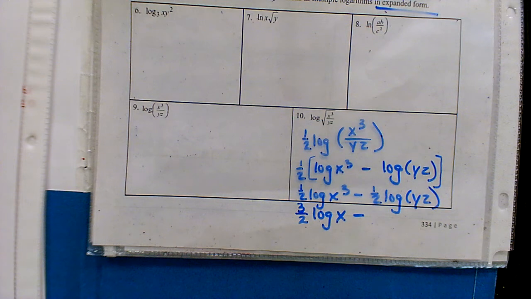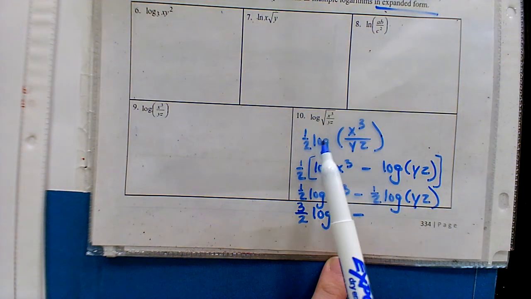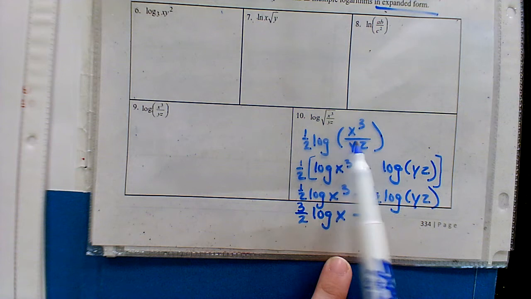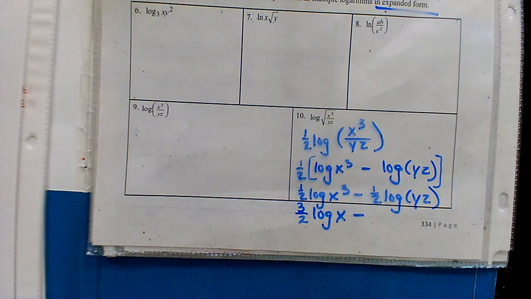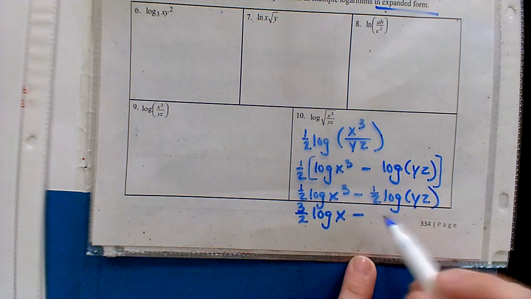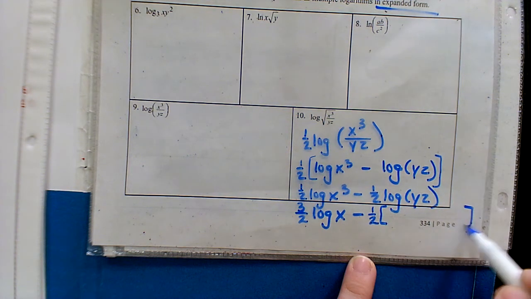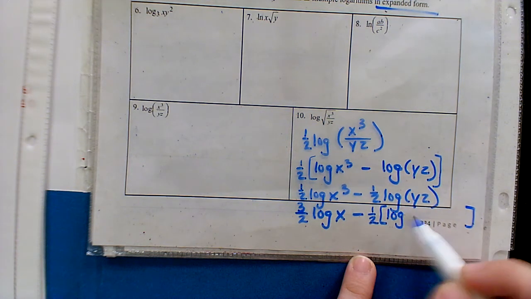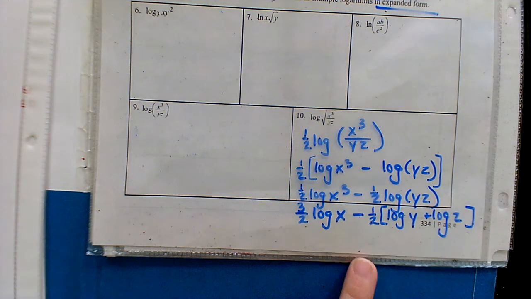Yeah? Add them. Perfect. Okay, so very similar to how we broke up the initial log at the top, we had to use brackets because we were expanding it. We're going to have to use brackets again for this one. So the 1/2 will be out front, and when we expand the log, we'll have log of y plus log of z.